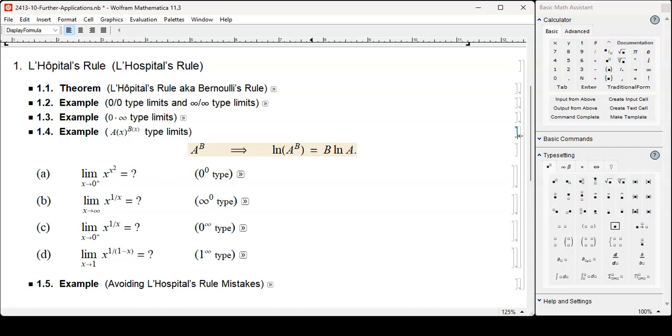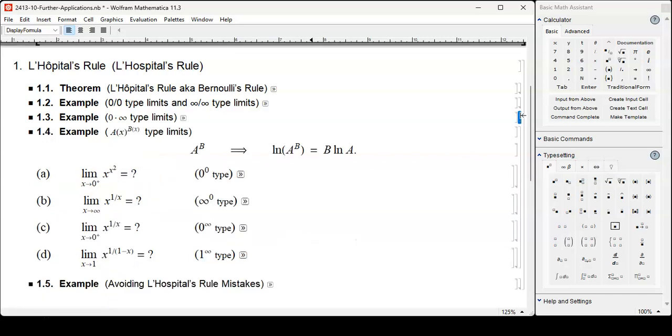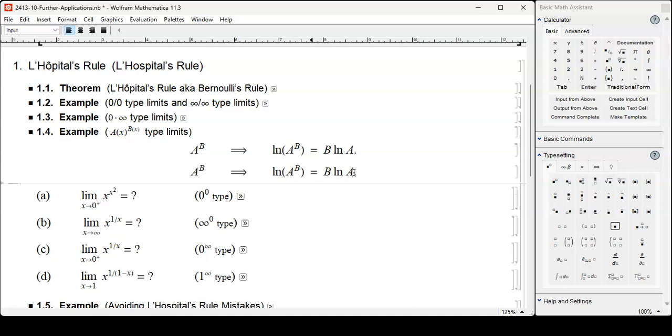And we have kind of problems like these. Another way is to use the change of base formula. This a to the b power is actually equal to exponential of b times log of a.